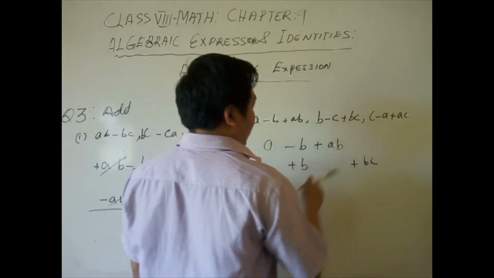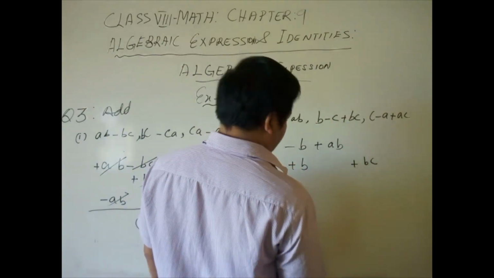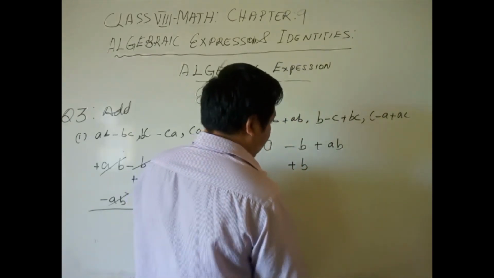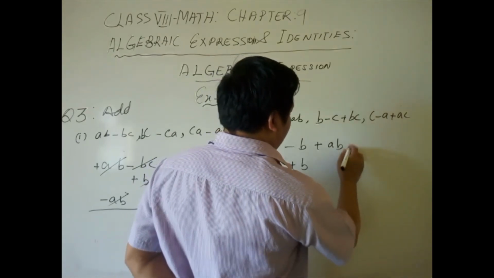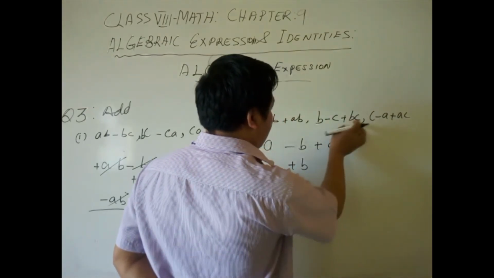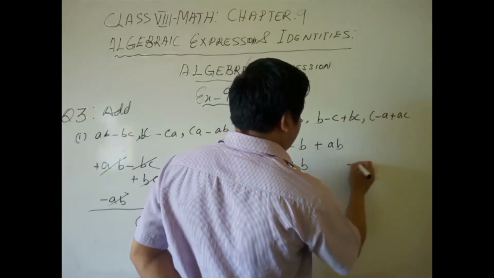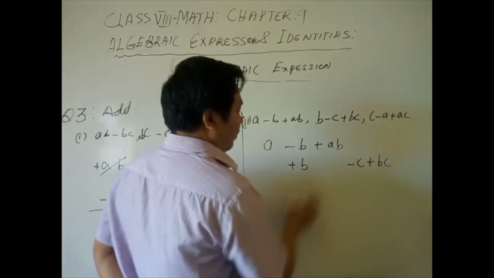Okay. Then here we have this one. See, no AB is here, so leave this column and just come here, write minus C, right? And plus BC. Because we have to do this column.